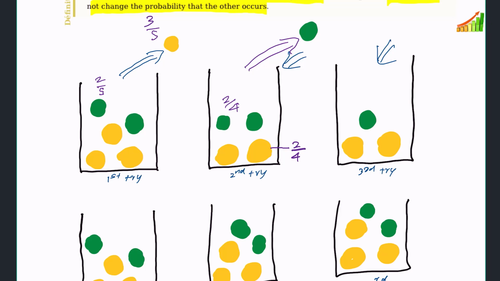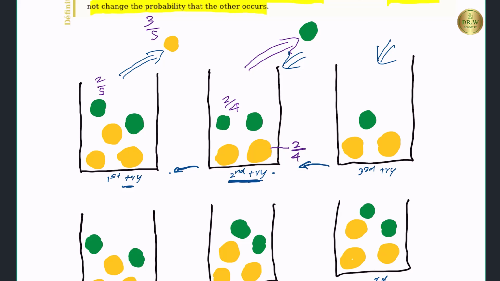Then you understand here, the second try depends on the first try. Because the first time you had a yellow one, therefore the second time you have only 2 yellows. If you had green the first time, then on the second try you would have 1 green and 3 yellow. The second try depends on the first one, and the third one depends on the second one, and also definitely the first one.